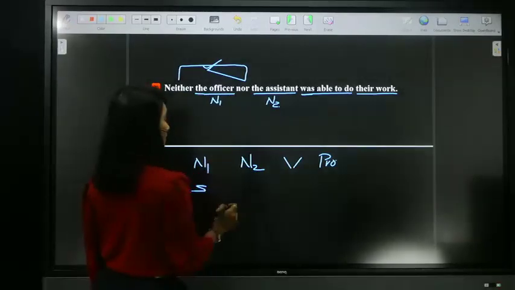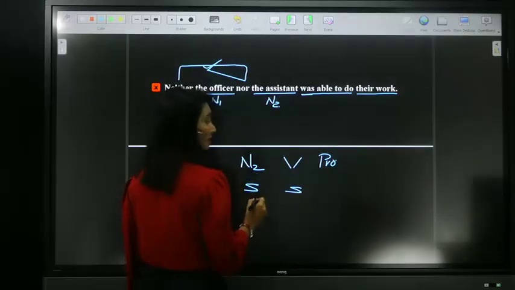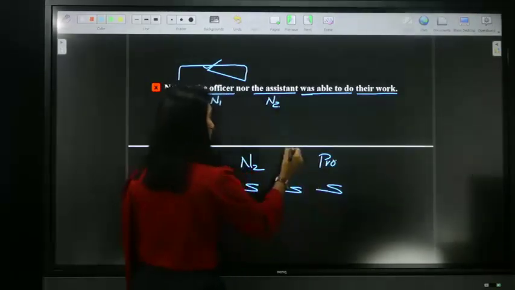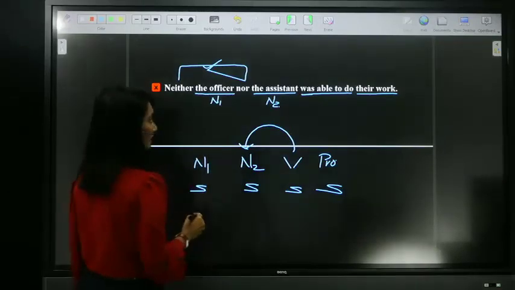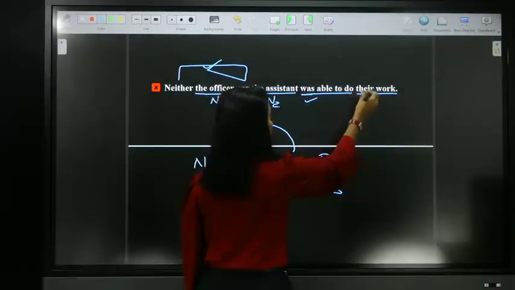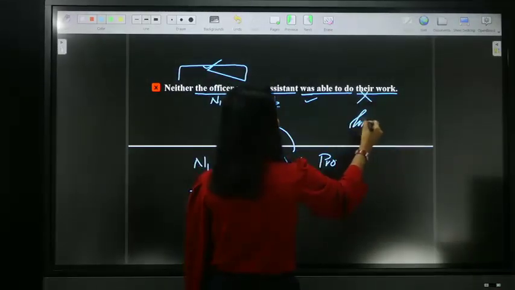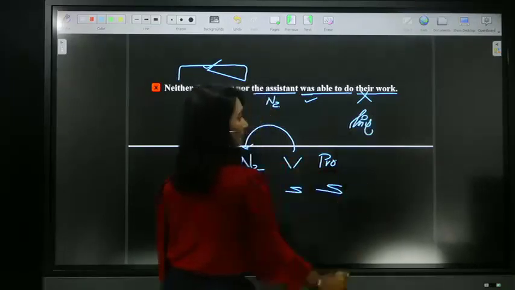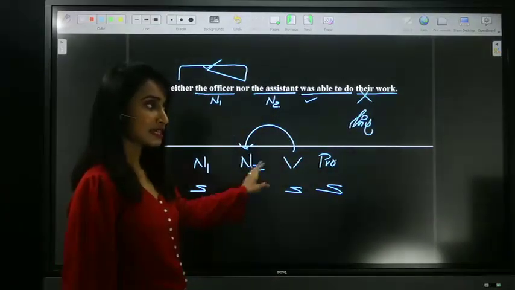Singular officer, singular assistant, so the verb must be singular and the pronoun must be singular, because the verb agrees with the nearest noun. The officer is singular, the assistant is singular, the verb is singular, but here the pronoun is plural. So replace that with singular: his work. I hope it is clear. So it should be his work.